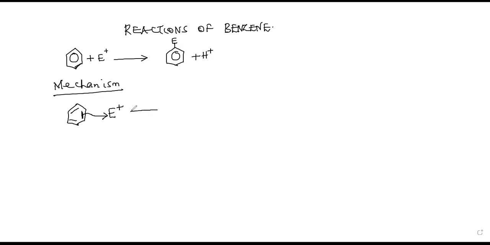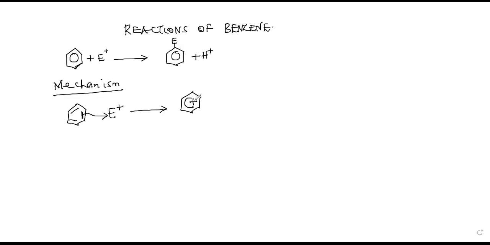What will happen is, after it attacks the electrophile, the electrophile and the hydrogen are going to be momentarily bonded together. At that instance, we can illustrate the stage of the disruption of the pi system of the benzene ring.